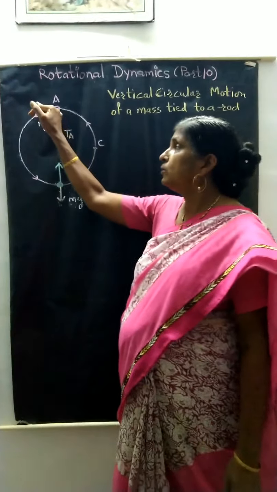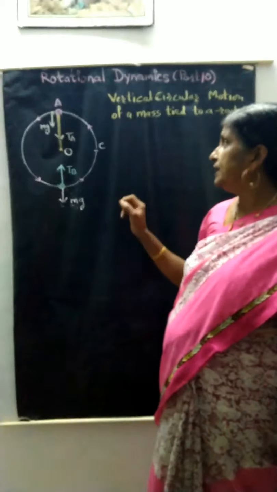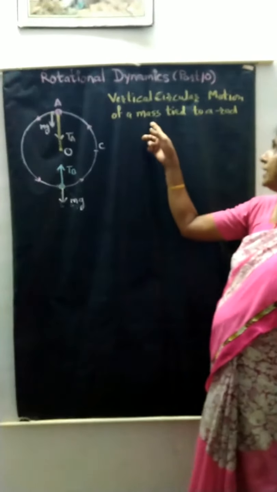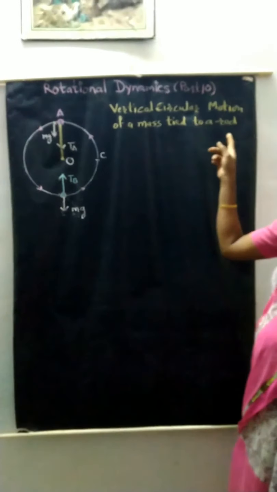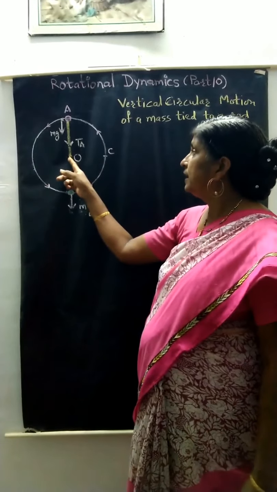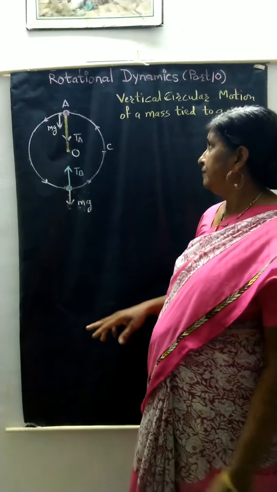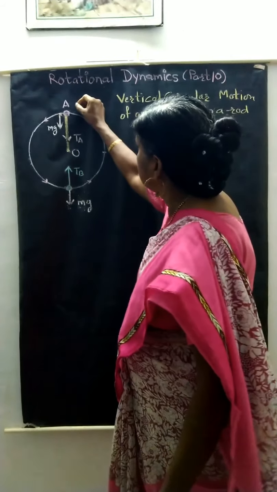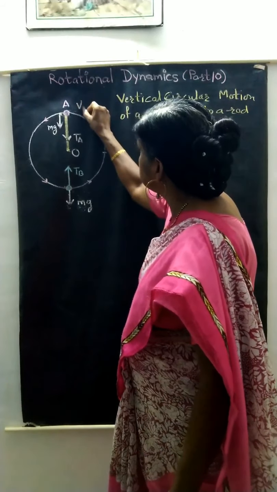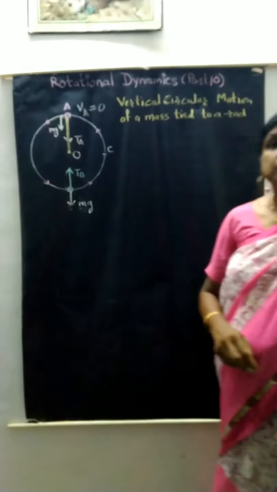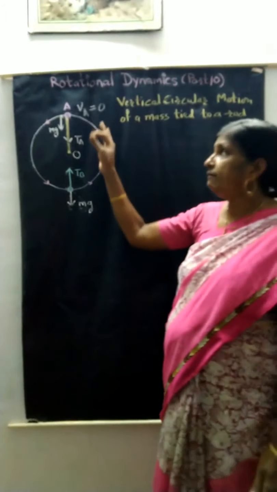Even at the topmost point some tension is needed. But in case of the mass tied to the rod, as the rod is rigid, the condition is not needed and therefore the velocity at topmost point may be equal to 0. So this is the difference.